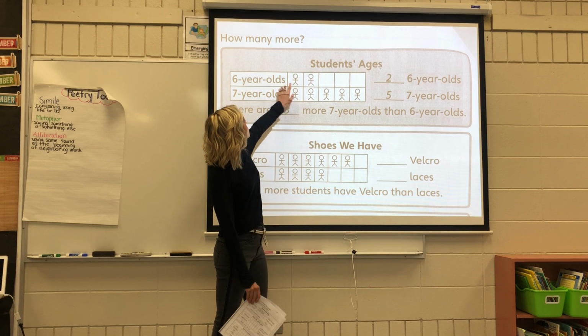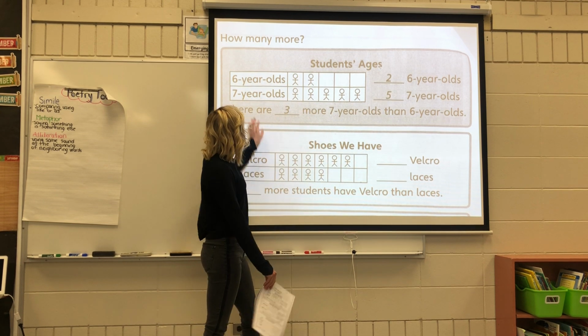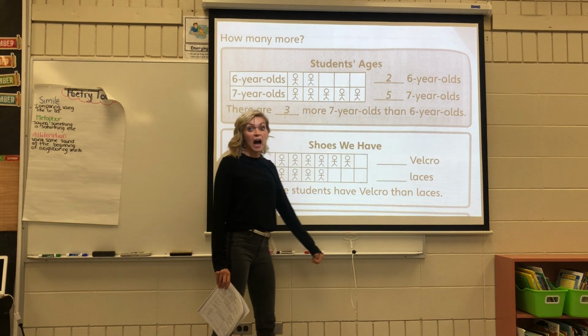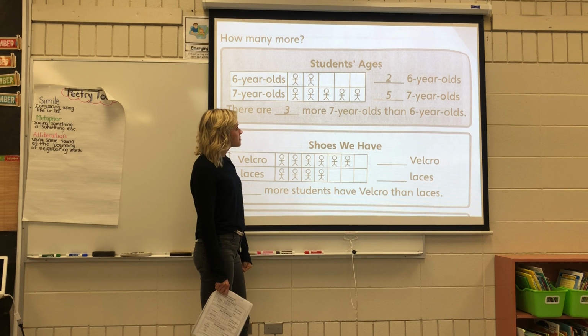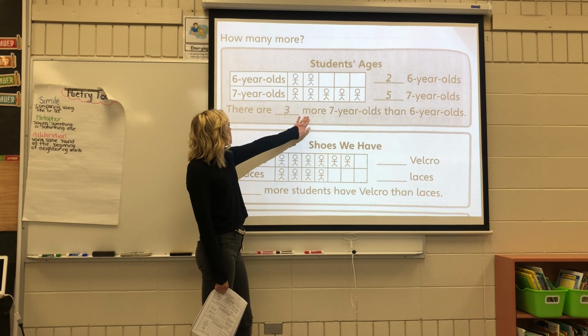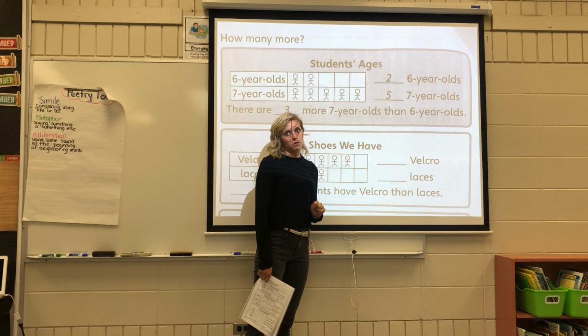So we start with 6-year-olds, there's 1, 2. So I write 2 6-year-olds. How many 7-year-olds? 1, 2, 3, 4, 5. There's 5 7-year-olds. Then it's wondering how many more 7-year-olds are there than 6-year-olds?